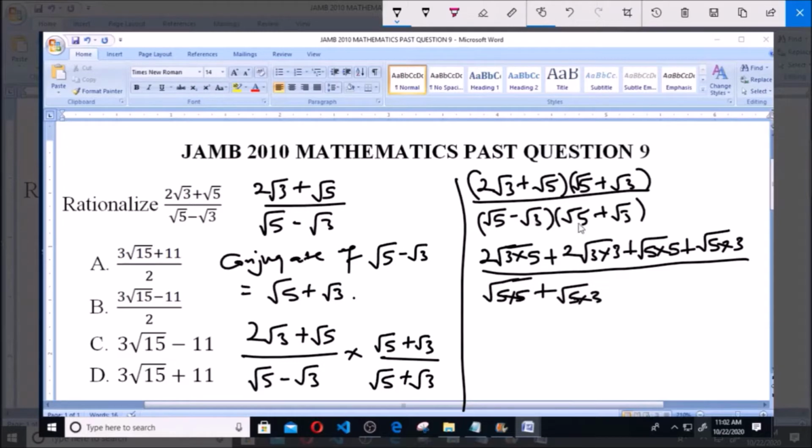Now minus root 3 multiplied by root 5 will give us minus root 3 times 5. Then minus root 3 multiplied by plus root 3 will give us minus root 3 times 3.